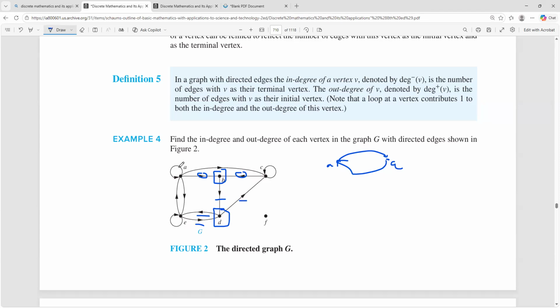All right, what would be the in degree of A? 2. This edge goes in once, and right here. What would be the out degree? 4, right? So this edge once again counts out. 2, 3, 4.